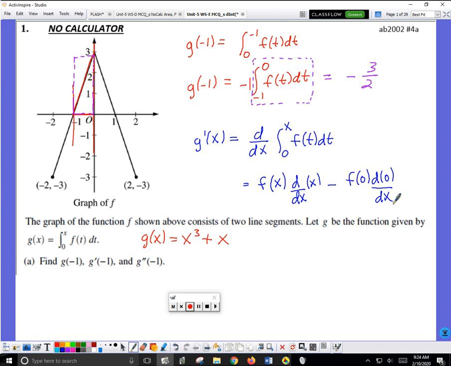Awesome. The last part turns out pretty easy because this is 0, this is 1. So we've discovered that for this problem, g prime of x is equal to f. It's often that simple, just not always, so don't memorize that. Just use the rules. So you want me to do that again.